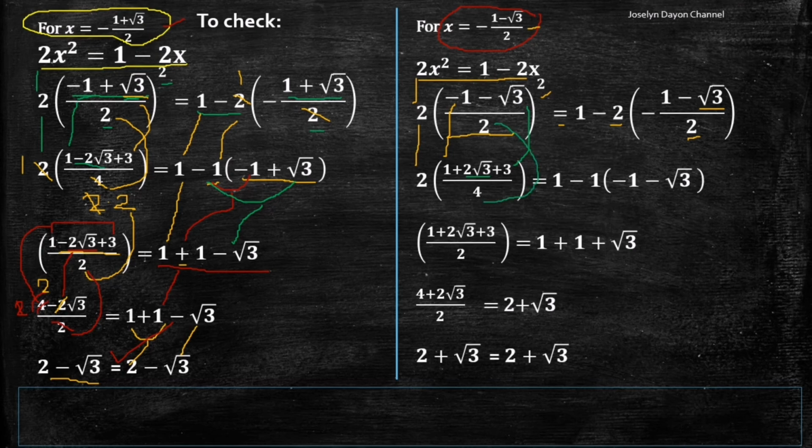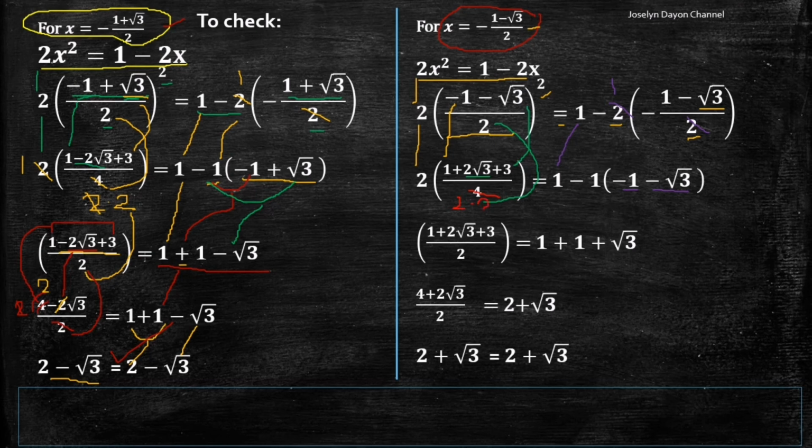On the right side of the equation, we have 1, copy. So negative 2 divided by 2, we can cancel it out, and that's already 1. So that is why we have here 1 times negative 1 minus square root of 3. Next, we can factor out 4 as 2 times 2.